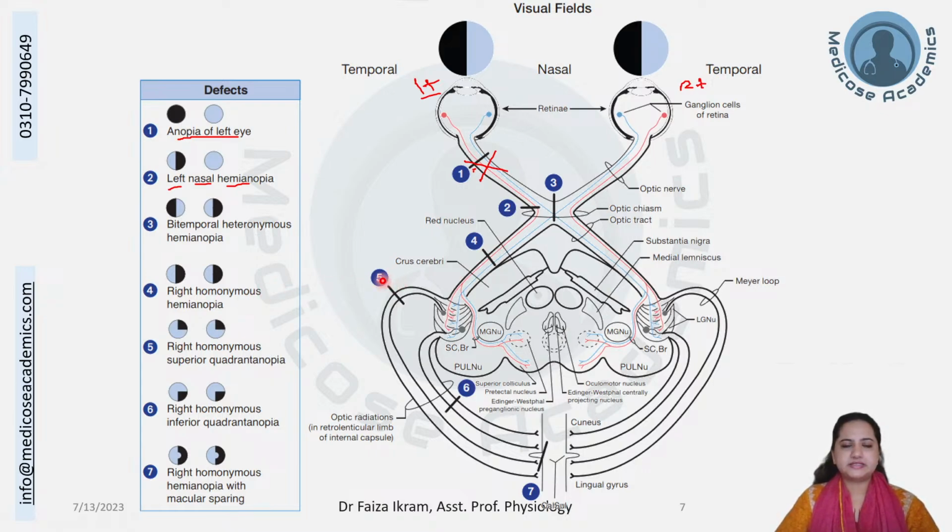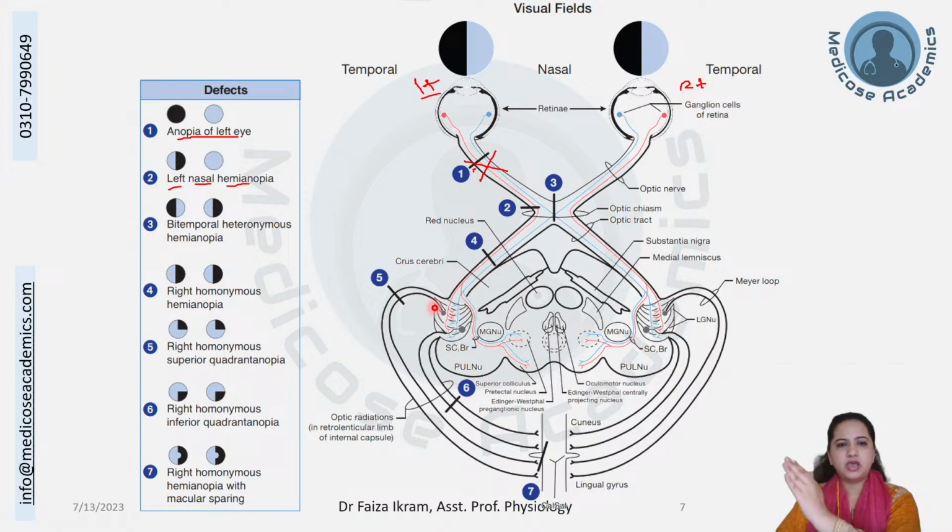Number 5 is the lesion to Meyer's loop that was having the representation of the lower retina, meaning the loss will be the superior field of vision. Number 2, it has fibers from the left temporal and right nasal retina.